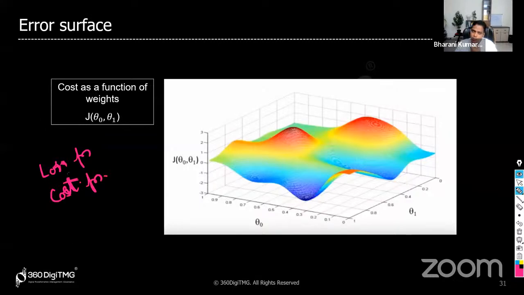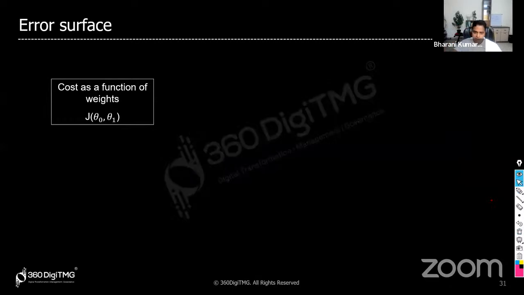Now, again, I have some questions for you. Because we are now talking about error function, loss function or cost function. Loss function is for every observation that you send to your network. When you aggregate that, you get the cost function. But which one should I use? How do I evaluate?